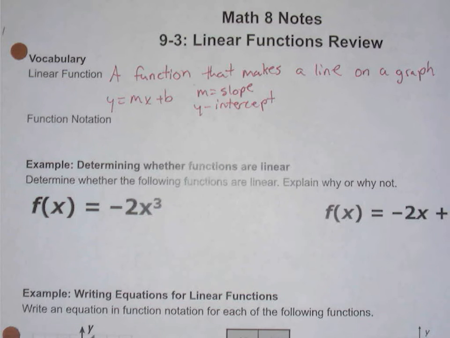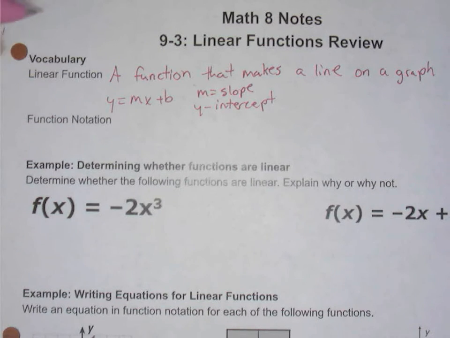The newer vocab on here is called function notation. Function notation is a way for people to differentiate between different functions. If we had a bunch of equations and they all started with y equals, it would be hard to say, oh, it's that y equals function or this y equals function. So function notation was invented to let us keep our functions straight by using different letters.